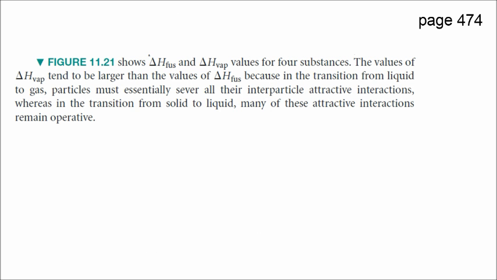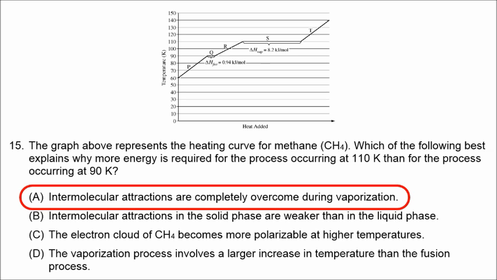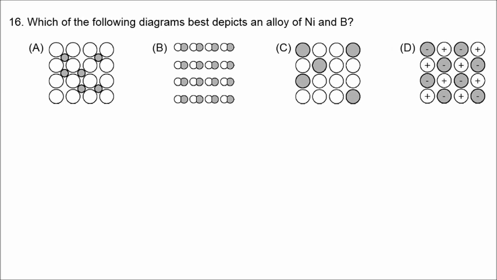Remember that the delta H of vaporization should be larger than the delta H of fusion because in the transition from a liquid to a gas, the particles must essentially sever all of their interparticle attractive forces, whereas in the transition from solid to liquid, you're only breaking some of the attractive forces. So the correct answer is A. Intermolecular attractions are completely overcome during vaporization from liquid to gas. All right, and now on to number 16.